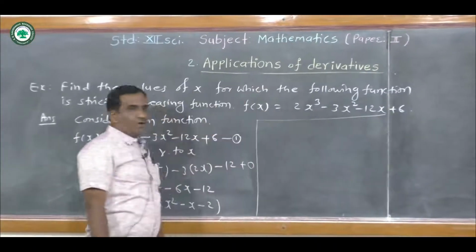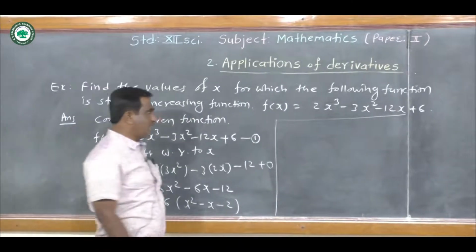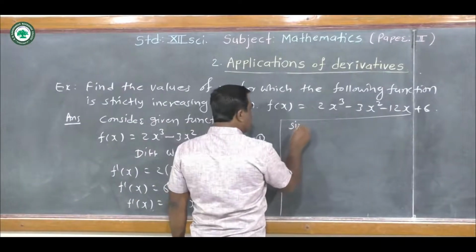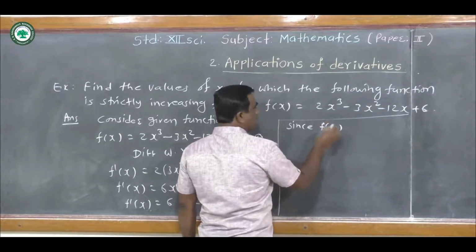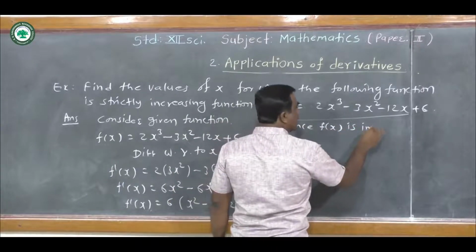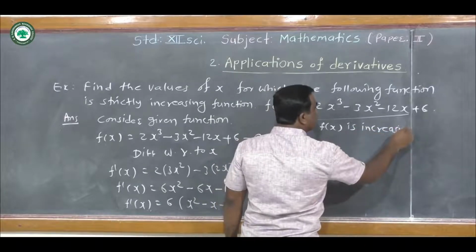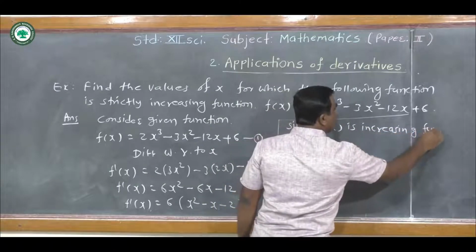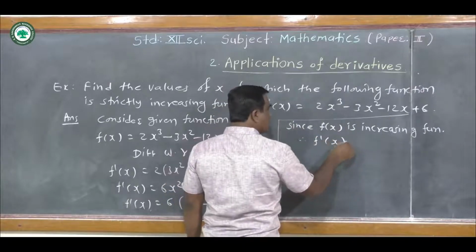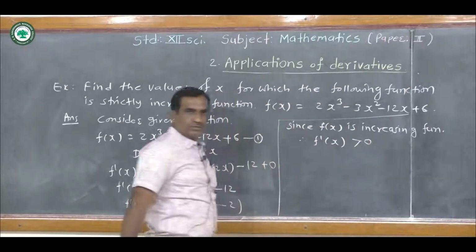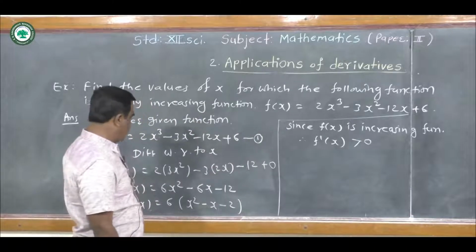But it is given that f of x is an increasing function. Since f of x is a strictly increasing function, therefore f dash of x is greater than 0.